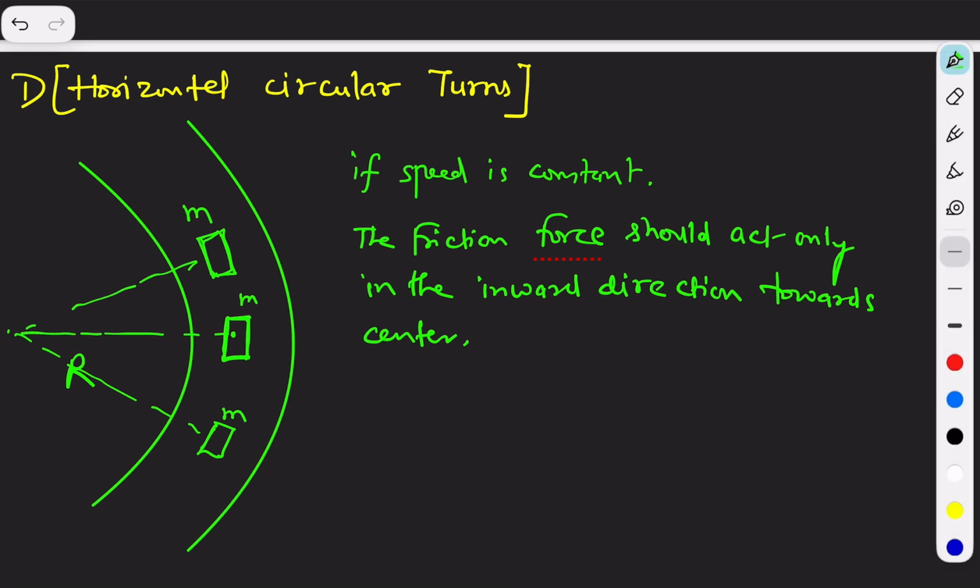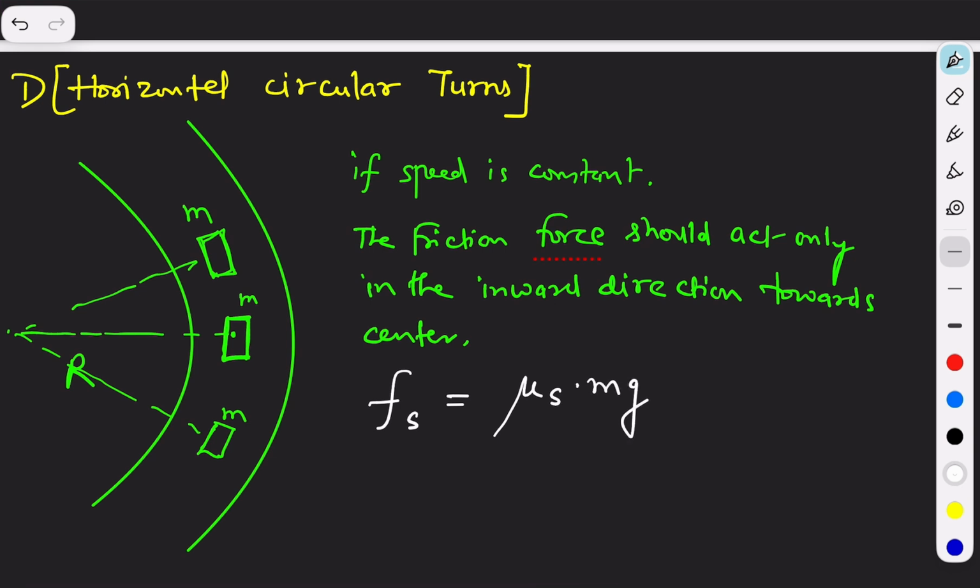So the maximum friction that is available at the ground we can very easily calculate: F static available will be equal to mu s into m into g.